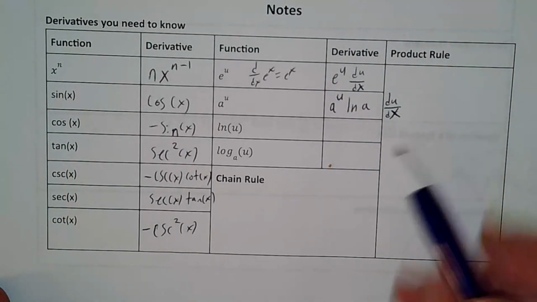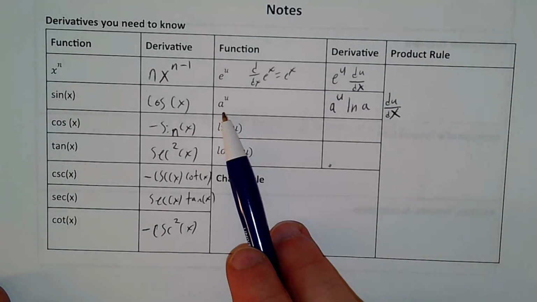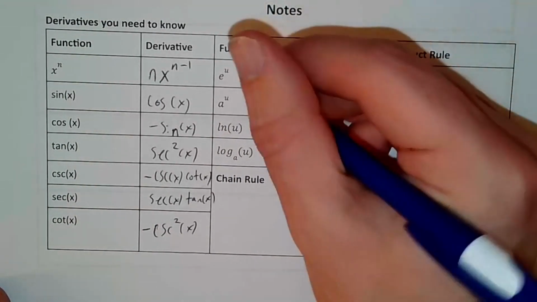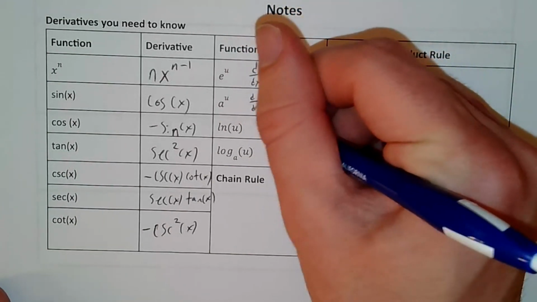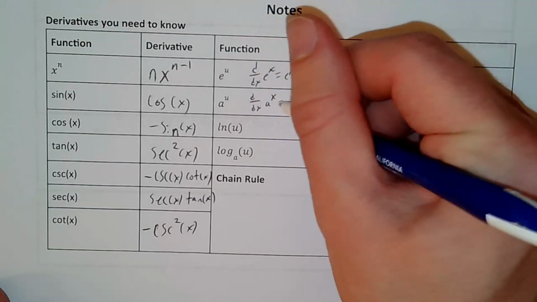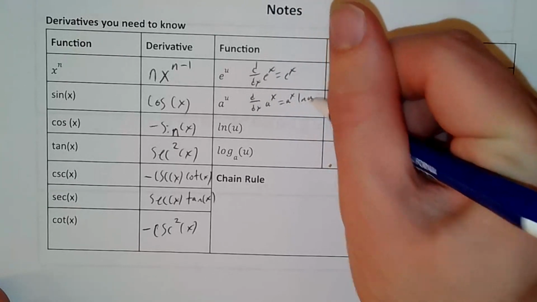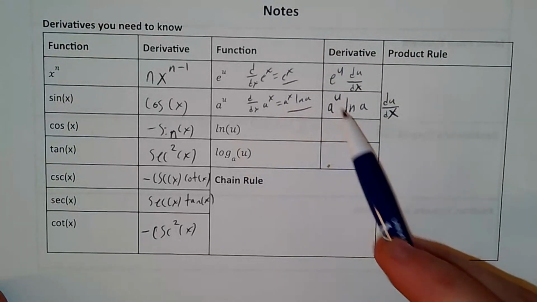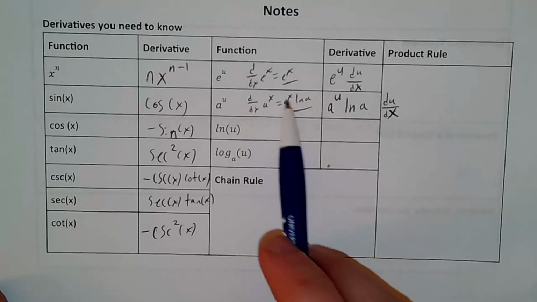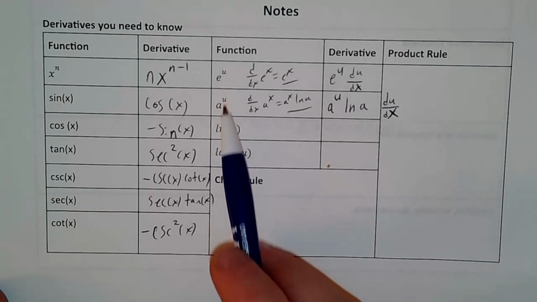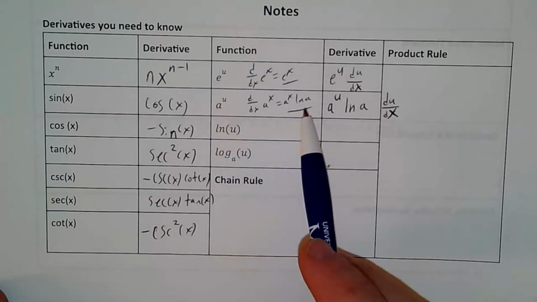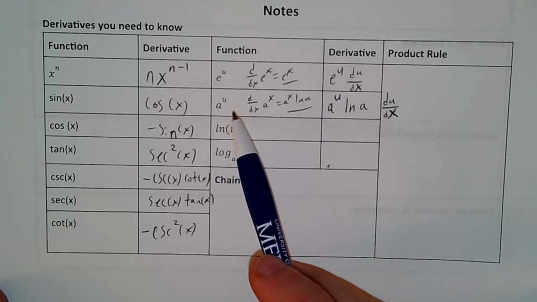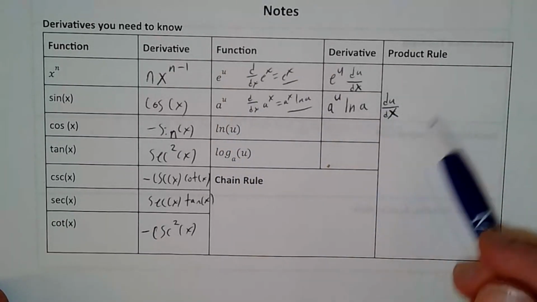Similar to the one above, the derivative of a to the x equals a to the x ln a. Basically, the u just stands for some function or expression that's not a regular x. These are the simple versions, and then it's a u. This is basically just showing you chain rule on the right.